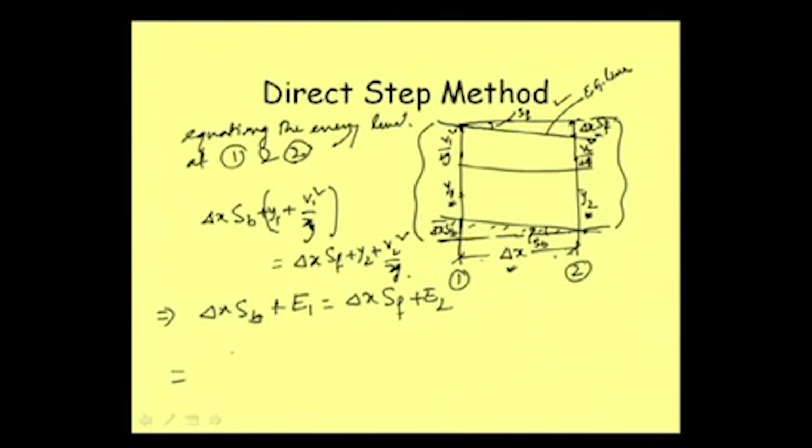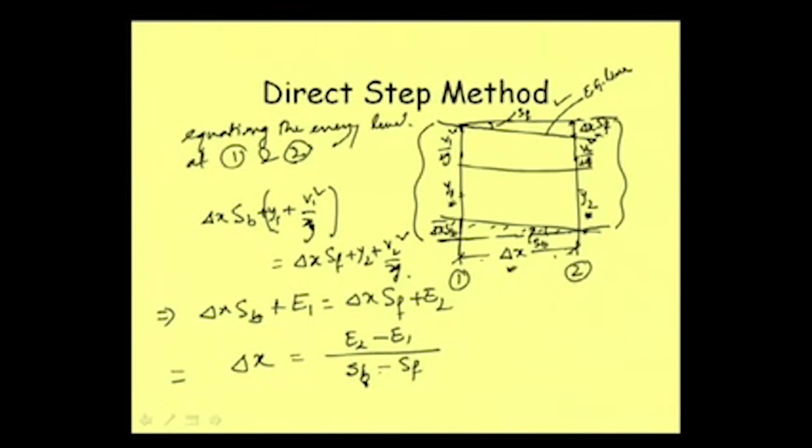So let us write delta x. Now, we can write delta x is equal to E2 minus E1 divided by SB minus SF.